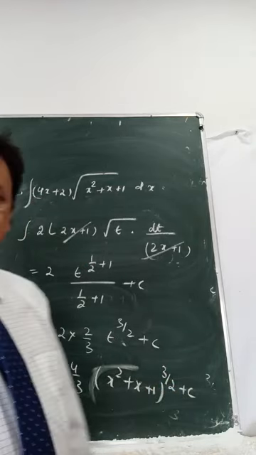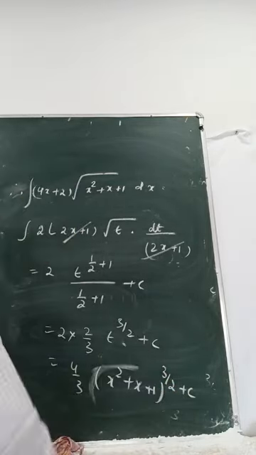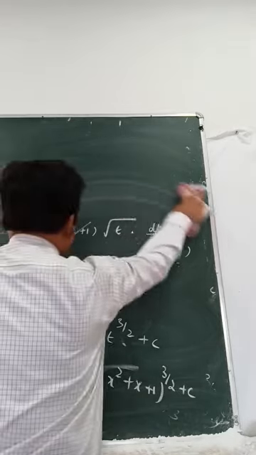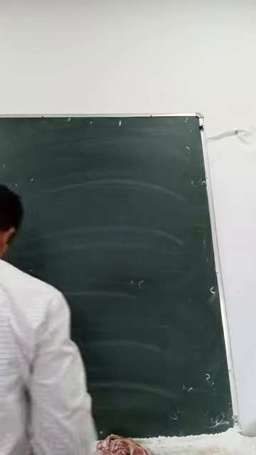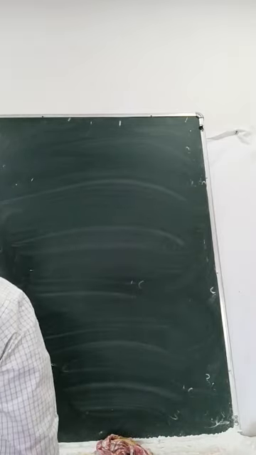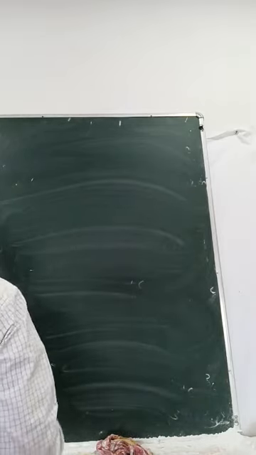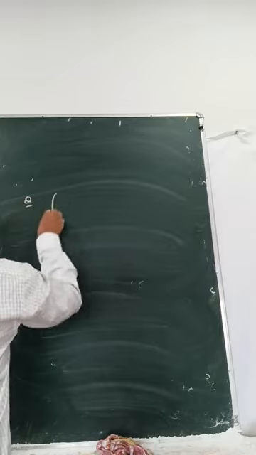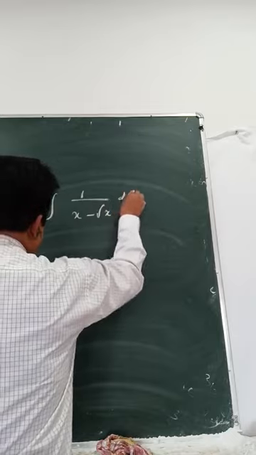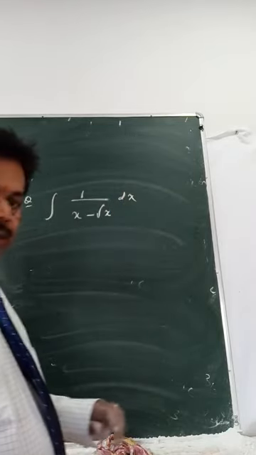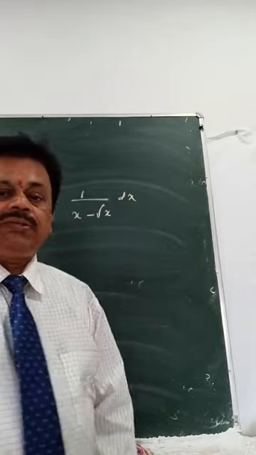Simple questions now we are going on. So see another question, if you find it difficult: 1 by x minus root x. Here no clue at all. Whose derivative is what?